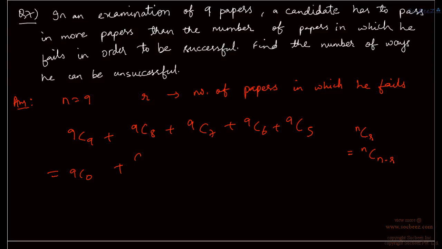So, he passes in 0 subjects from 9. So, it's exactly the same thing. 9C1, 9C2, 9C3 and 9C4, right? So, let both of them have the value S, right? So, S is equal to 9C9 plus 9C8 plus 9C7 plus 9C6 plus 9C5, which is also the same as 9C0 plus 9C1 and like this to 9C4.